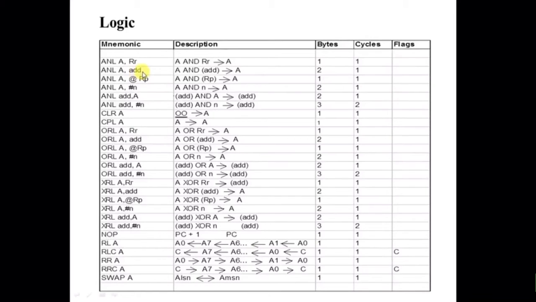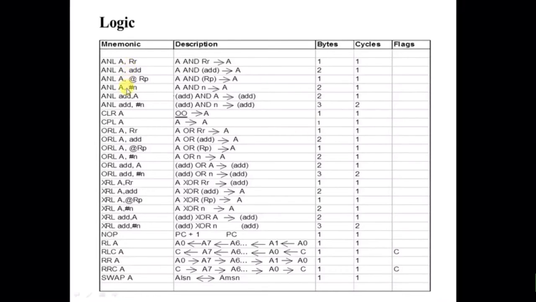Whatever value exists in that location, it does a logical AND with both values and saves the result in the accumulator. And ANL A, @Rp, which allows a logical AND between the accumulator and the value at the address held indirectly in a pointer register, saving the result in A. One more syntax allows logical AND directly with a constant value, where #n means a direct 8-bit value.